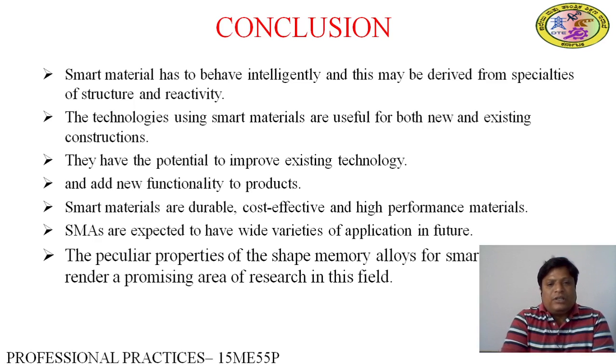They have the potential to improve existing technologies, enhancing them and adding new functionality to products. Just like the features we get in a smartphone, new technology will appear in materials or other products by using smart materials.